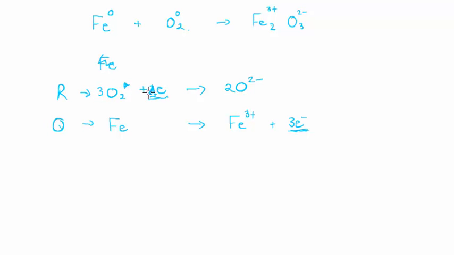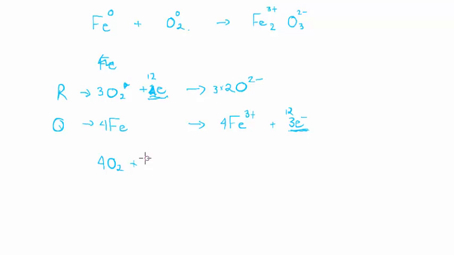So 4 times 3 is 12, so I'm going to multiply everything with a 3, and here I'm going to multiply everything with a 4. And now that is equal. So on this side, when I put everything together, again, oxidation states of 0 are written by themselves.